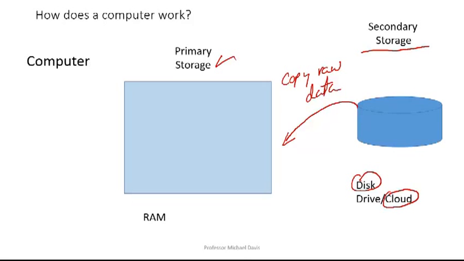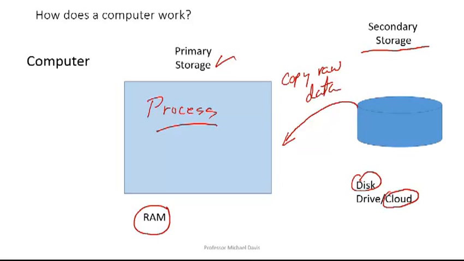And in the case of a computer, that primary storage is a piece of equipment called random access memory. We usually abbreviate it and call it RAM. And so primary storage in a computer is RAM, and that's where you actually do the processing, not on the disk, but you do it in RAM. And there are reasons for that that we'll discuss shortly.